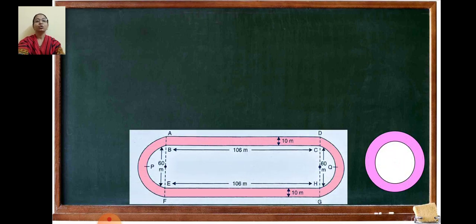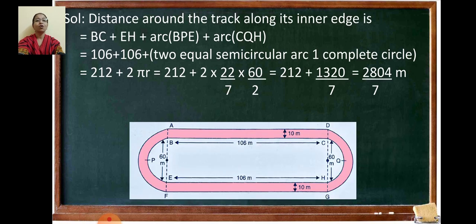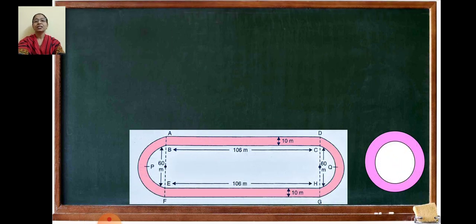Yes, when I join these two curves or these two semicircles together, what will they form? They will form concentric circles, right? And how to get the area of this shaded region, pink color? From the outer circle's area, we will subtract the area of the inner circle, so that you will get the shaded region area, right?